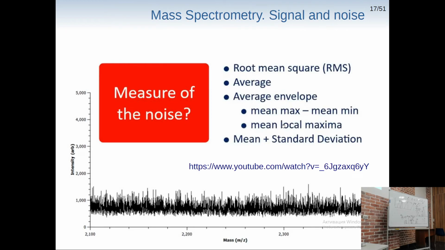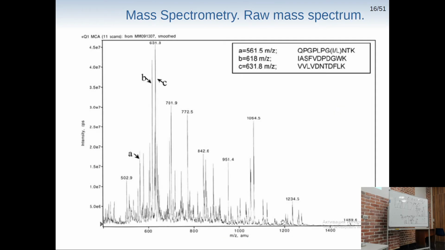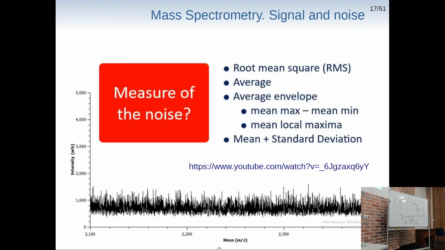First of all, as you can see here, even where there is nothing, there are some peaks, but should we consider every single mass as a peak because there is some signal? No. We have to define such a characteristic as a noise.